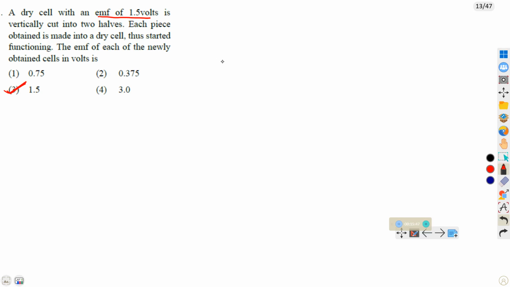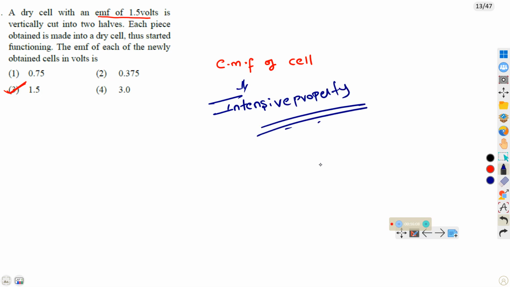How, sir? The EMF of the cell is an intensive property according to thermodynamics. That's the reason it does not depend upon weight.